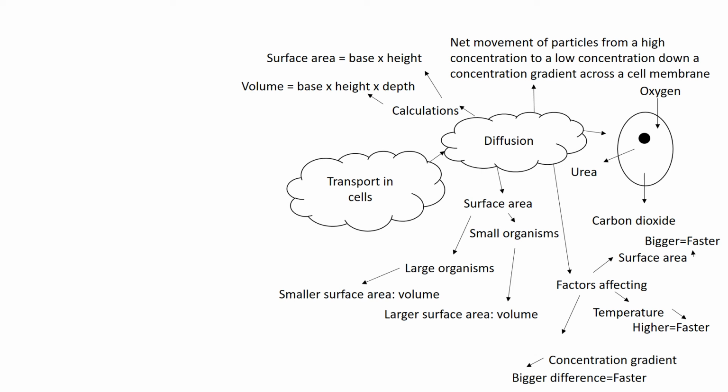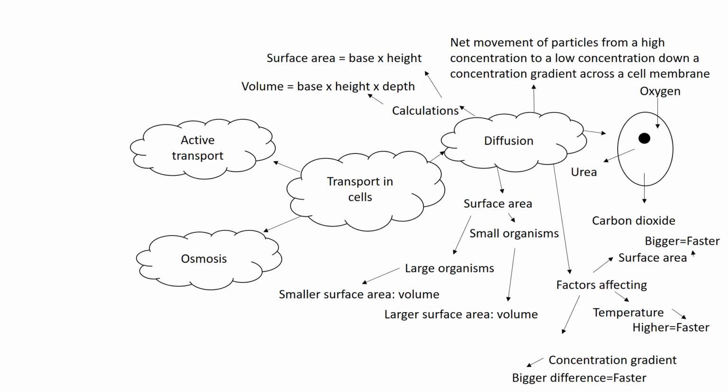Okay, so that is a summary of the specification for diffusion, which is one of the 3 parts of transport in cells. So it's now over to you to complete your mind map of the topic. So I've given you the other 2 on this one that you'll need to find out about.